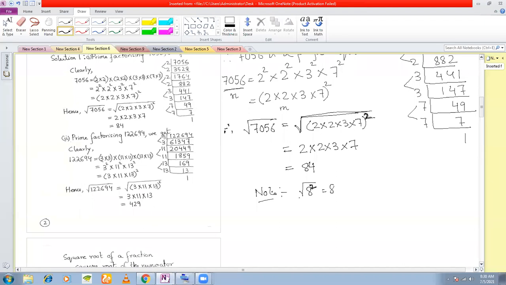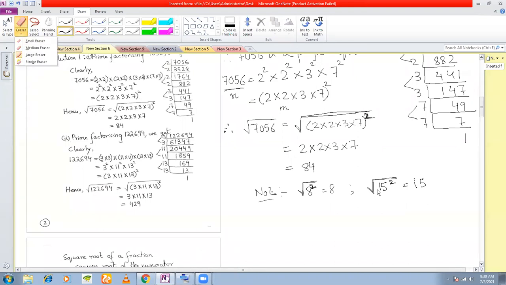Because there is a square right above 8. That is why we are removing this radical, isn't it? What is the square root of 15 square? 15. Why? Because there is a square inside a radical. That is why we can remove the radical. Clear?